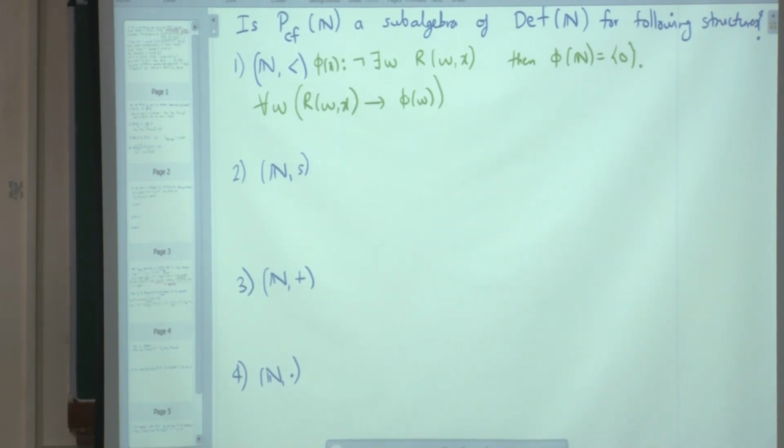Okay. Now natural numbers with shift operator. So, is 0 definable? Yes. How? Negation: there does not exist W such that F of W is equal to X. This defines 0.